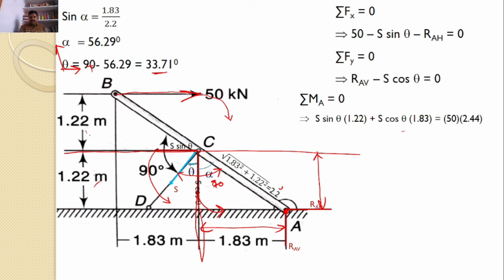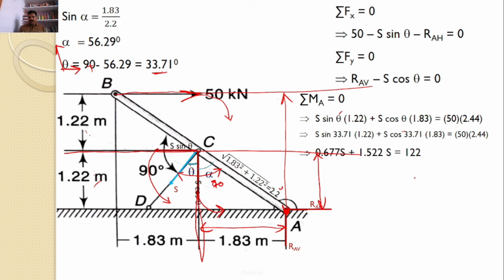Then 50 force, this is the line of action, and the perpendicular distance is the total height, that is 2.44, but this is clockwise, hence it is negative. And the theta value is also known, 33.71. I can substitute and simplify. Finally, I will get the S value as 55.5 kilonewtons.